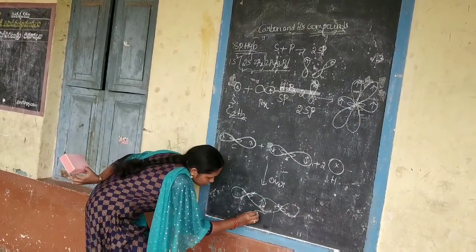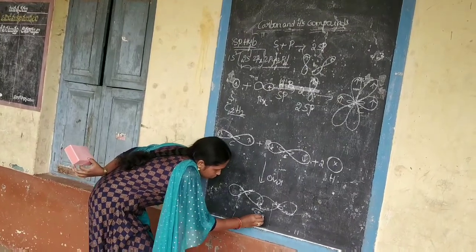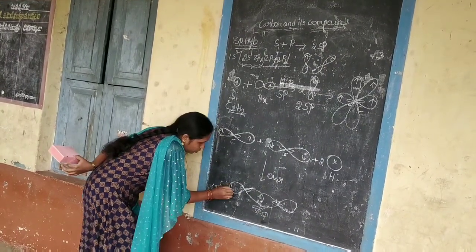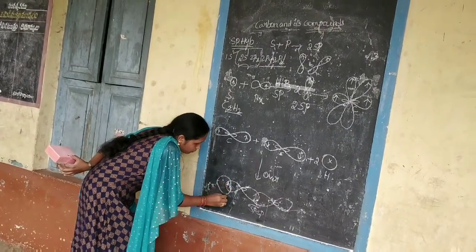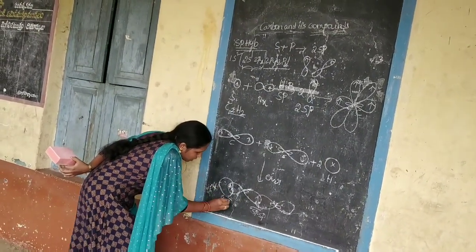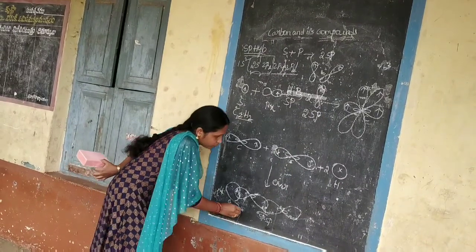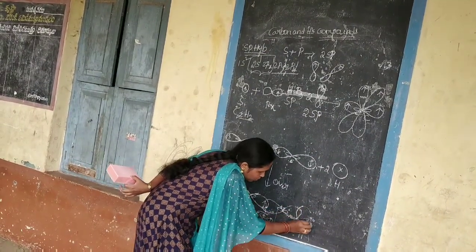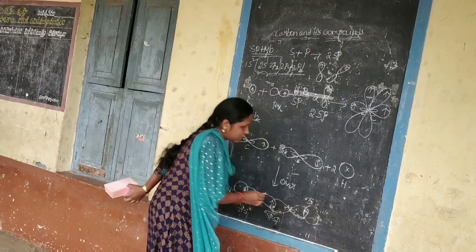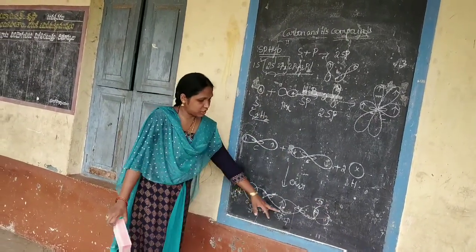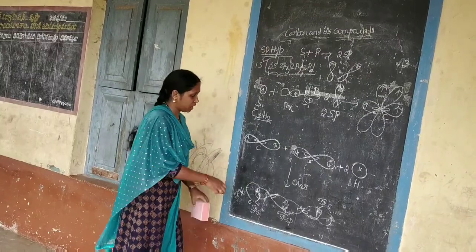That we call a sigma sp bond, and the other two hybrid orbitals overlap with the s orbital of the hydrogen atoms and form sigma sp-s bonds, here and here also. Now after writing the sigma bonds, take the atomic orbitals.